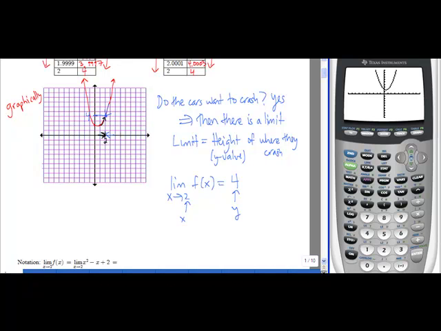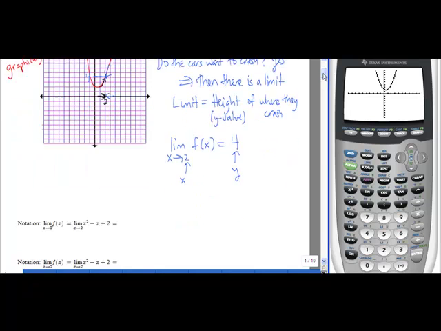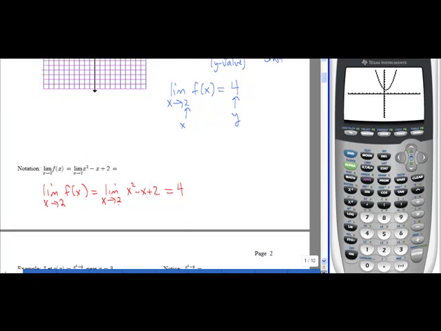Alright, so imagine cars driving along a curve. If they want to crash into each other, wherever they would crash, whatever that height or y value is, that is going to be the value of your limit. Now notice on this particular function, if I had just taken 2 and plugged it into this function, 2 squared minus 2 plus 2 is equal to 4.